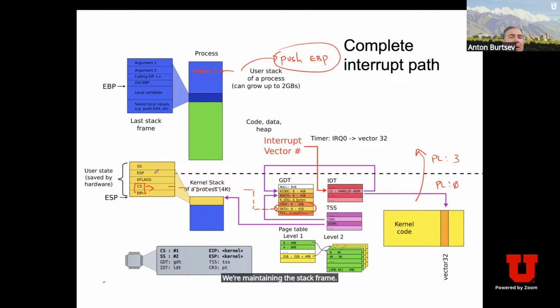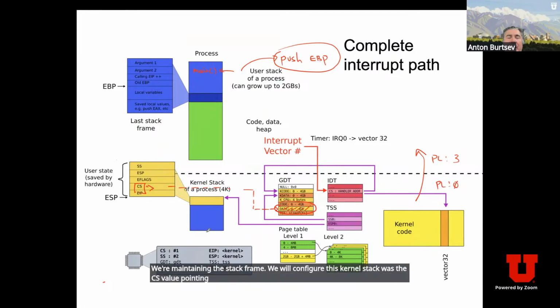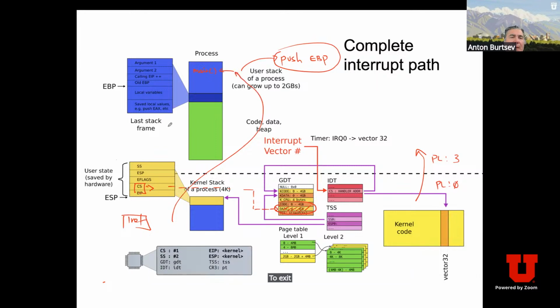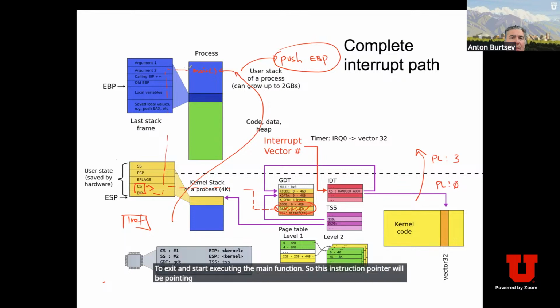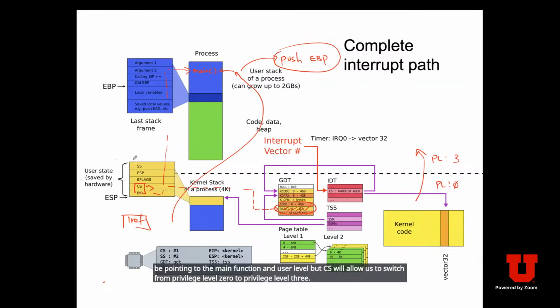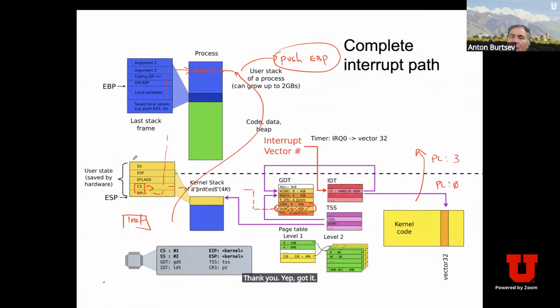We configure this kernel stack with the CS value pointing to this user-level entry in the global descriptor table, and we do the IRET instruction. Essentially, when we create the process in the kernel, we then use IRET to exit and start executing the main function. So the instruction pointer points to the main function at user level, but CS allows us to switch from privilege level 0 to privilege level 3. Make sense? Thank you. Yep, got it. Any other questions?